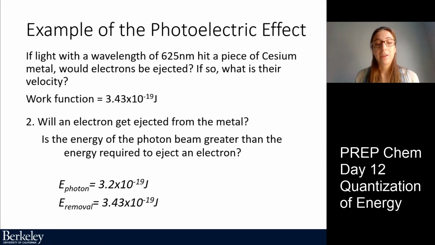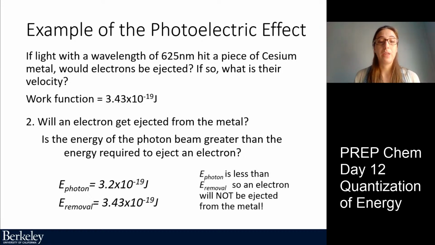So you can see that the energy of your incoming photons is actually less than the energy required to eject an electron. Because your incoming photon stream doesn't have enough energy to even remove an electron in the first place, you will not be able to eject an electron from this material, which means the second part of the question is irrelevant because it has never been ejected. So there is no velocity because you don't have a photoelectron.